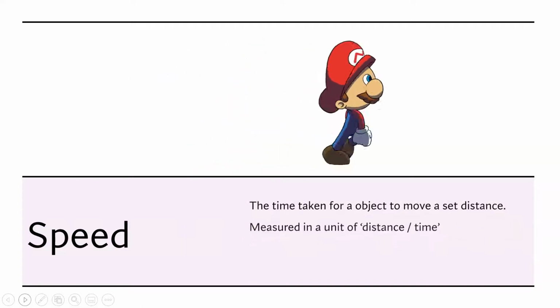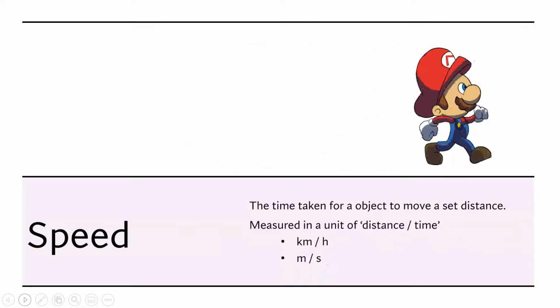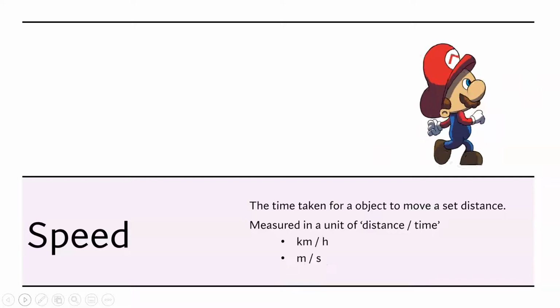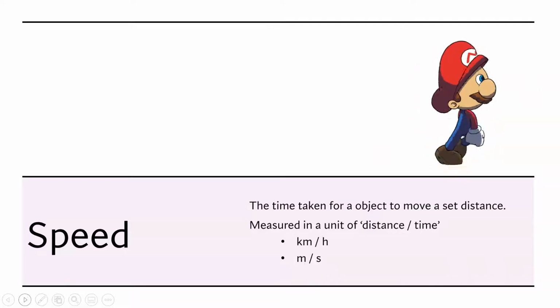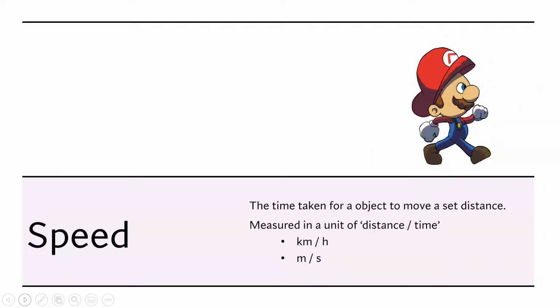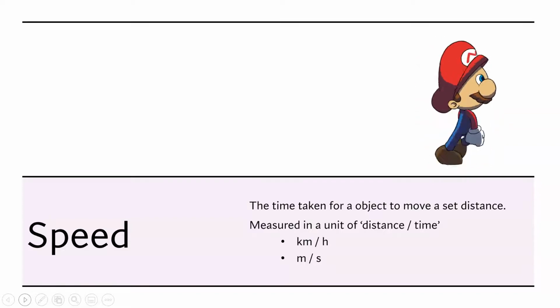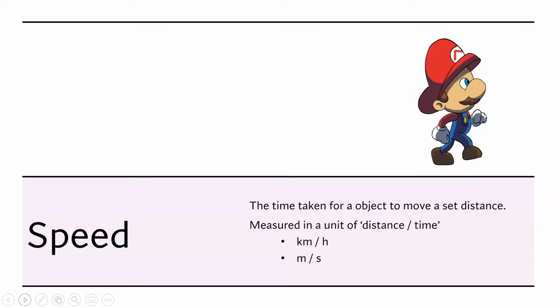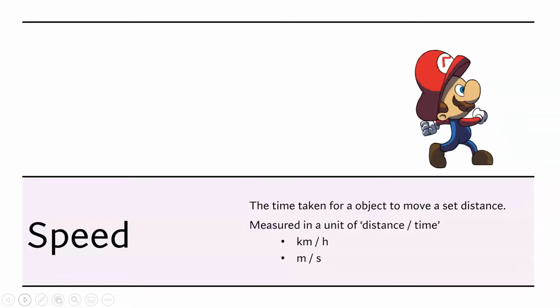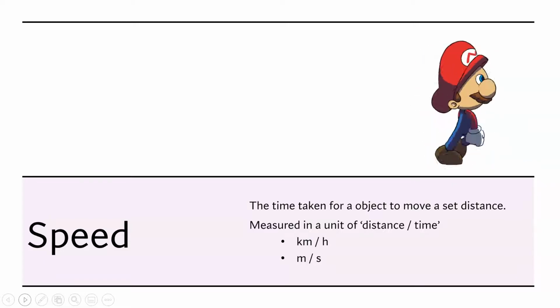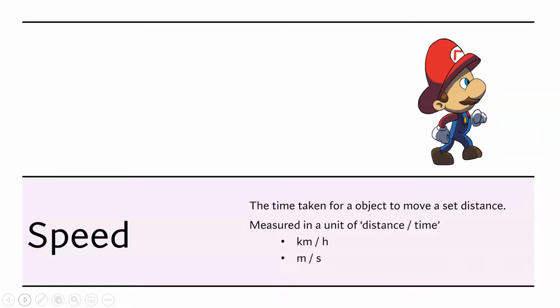Now that next factor we've mentioned is speed. Okay, and this is the time taken for an object to move a distance. So in this respect, if our position is from Melbourne to Canberra, we would then be looking at the speed to get from Melbourne to Canberra. We'd be talking in kilometres per hour.